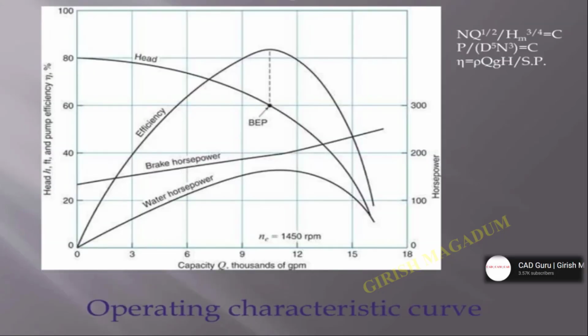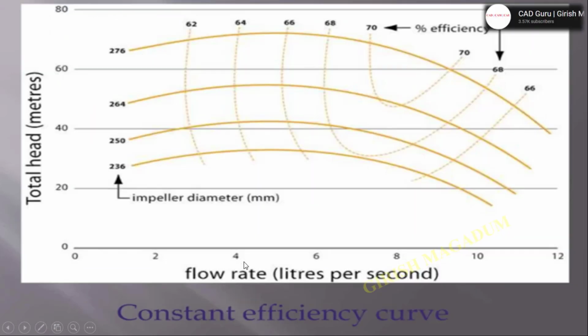This is the operating characteristic head curve: head versus GPM, how the efficiency is changing with respect to the capacity, and the flow rate versus total head. This is the efficiency curve with respect to the head. The flow rate will change like this.